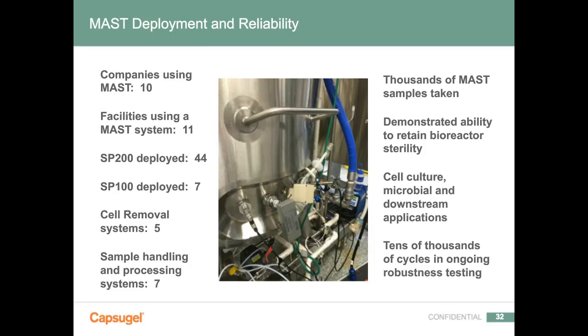And if you ever come out to our labs here in Bend, Oregon, you will tour our lab and see how we're always running systems, with tens of thousands of cycles of robustness testing.